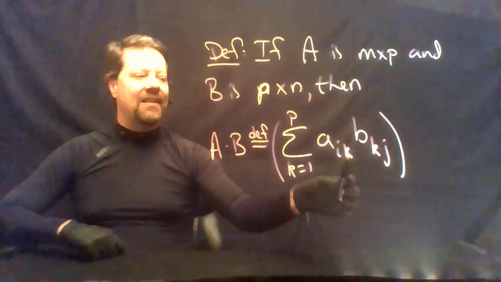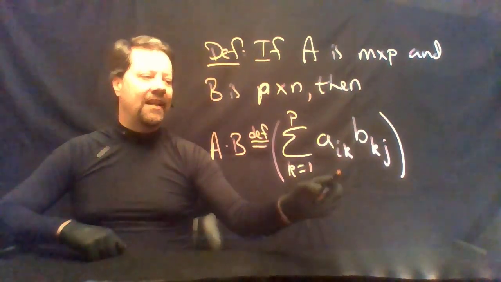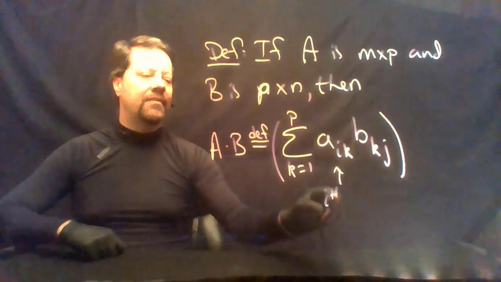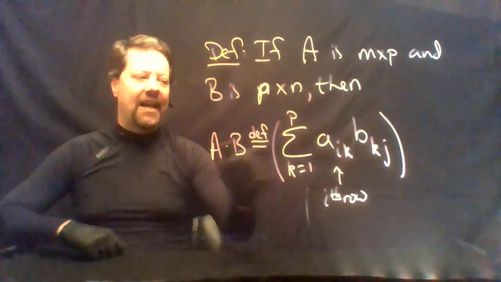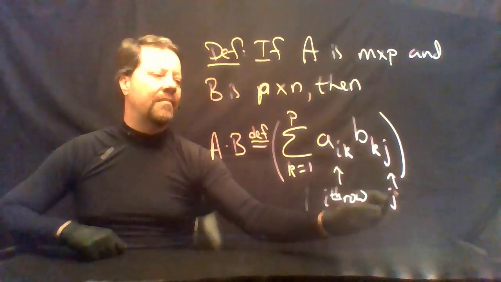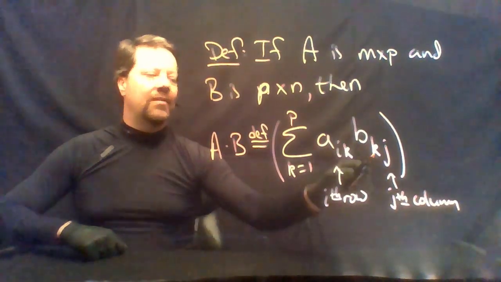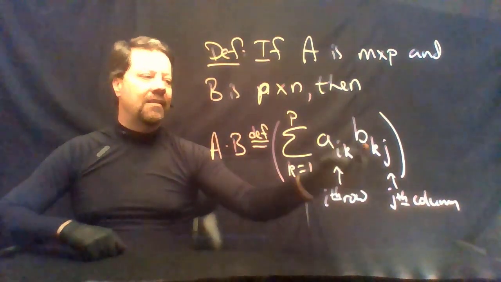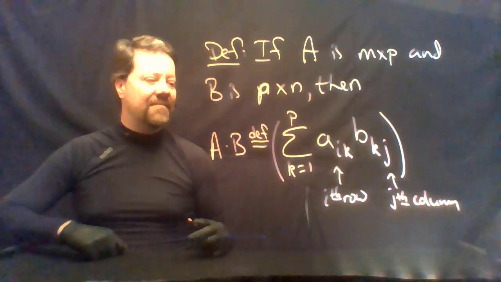Notice that we're indexing the columns here and holding the row fixed. We're taking the ith row of the matrix A and multiplying it by the jth column. We're indexing through the rows and holding the column j fixed.